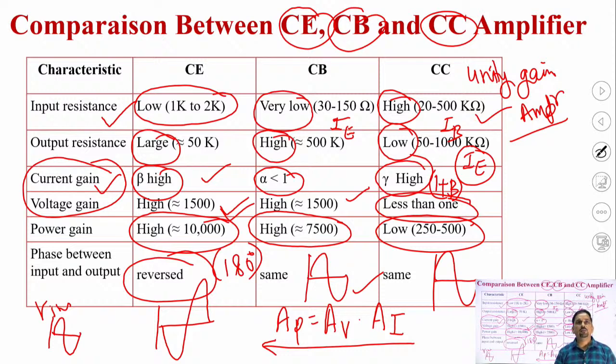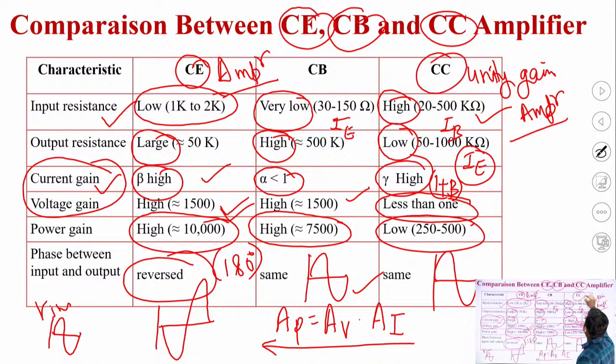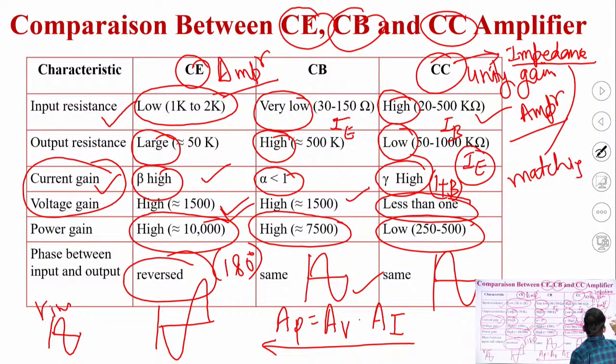Generally for designing amplifiers, we prefer the common emitter configuration, whereas the common collector configuration can be used in impedance matching circuits, or it is known as a unity gain amplifier.